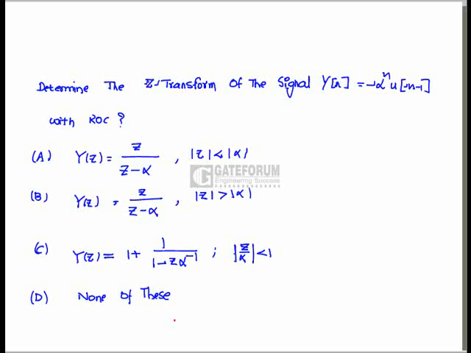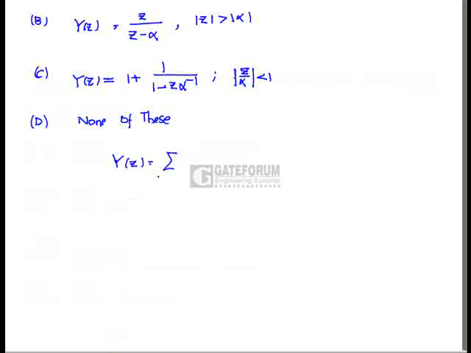Question is, we have to find out the z transform of a given sequence y of n equals minus alpha power n u of minus n minus 1 along with its ROC. Y of z equals summation over n equals minus infinity to infinity y of n z power minus n, which is minus alpha power n u of minus n minus 1 z power minus n.